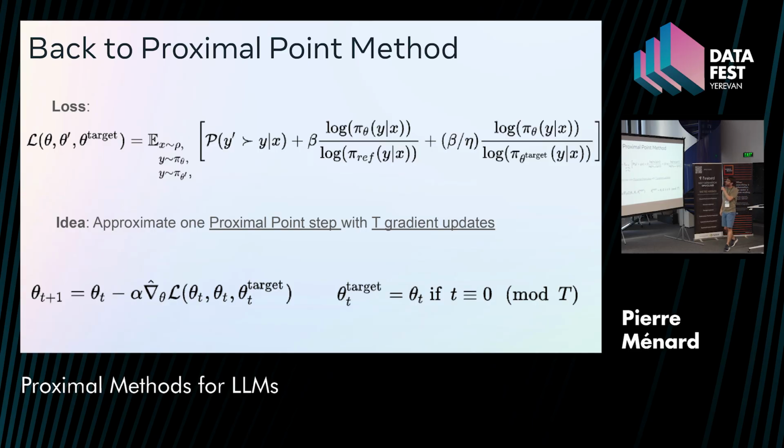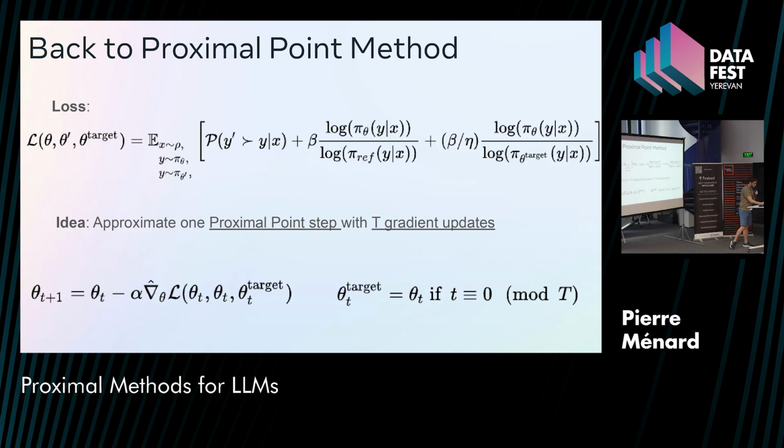So the idea is just to say, okay, let's go back to the proximal point method. So instead of doing 2 gradient updates, we will do capital T of them. So we will do kind of a hard update of the target network every capital T updates.